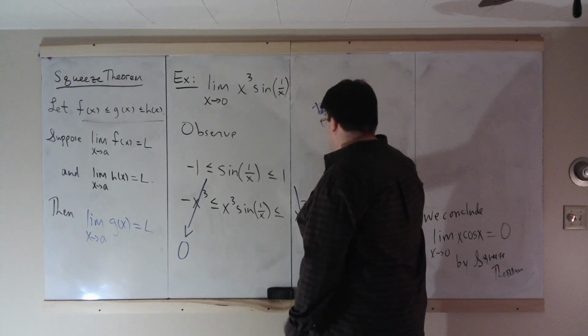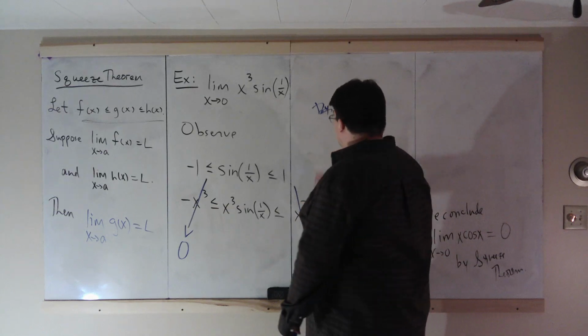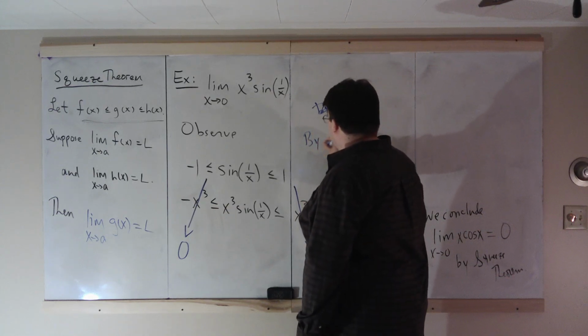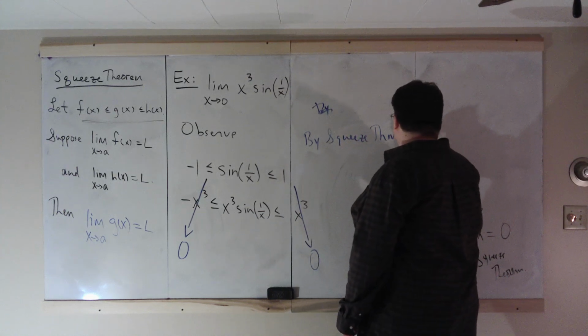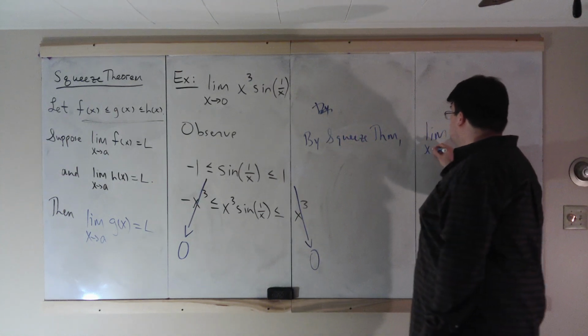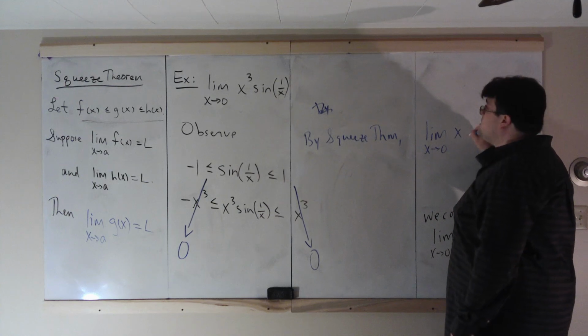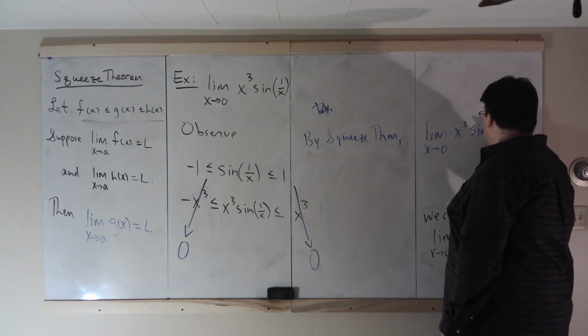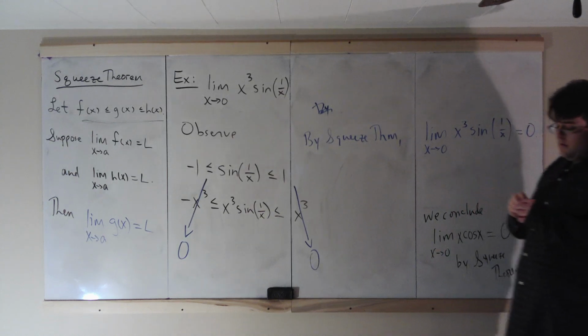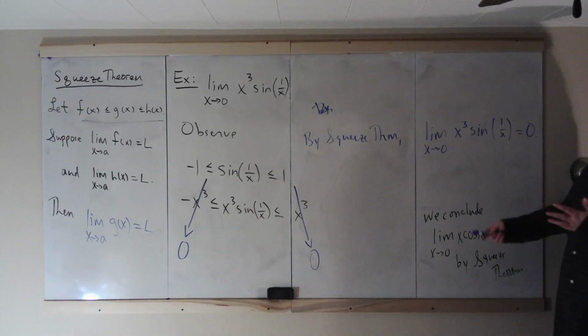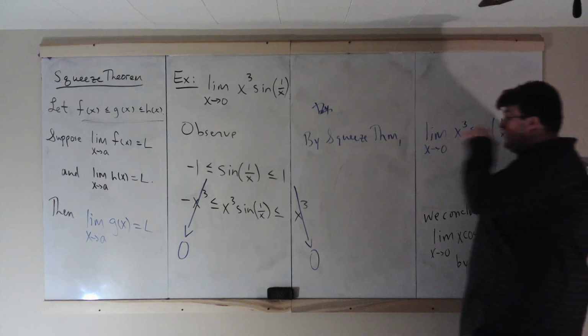So we have that limit 0, we have this limit 0. So by Squeeze Theorem, the limit as x approaches 0 of x cubed sine of 1 over x equals 0. So we had zeros on both sides in the inequality, in the limit.